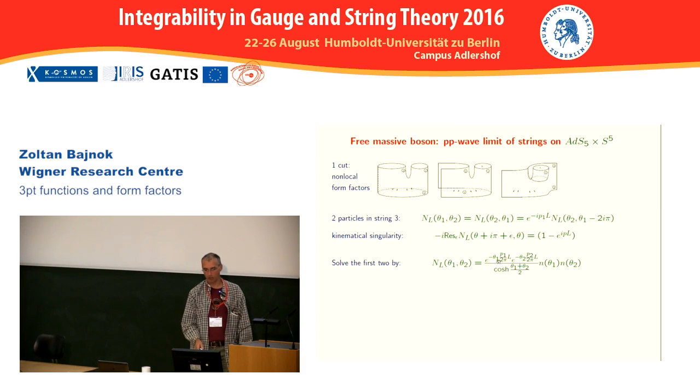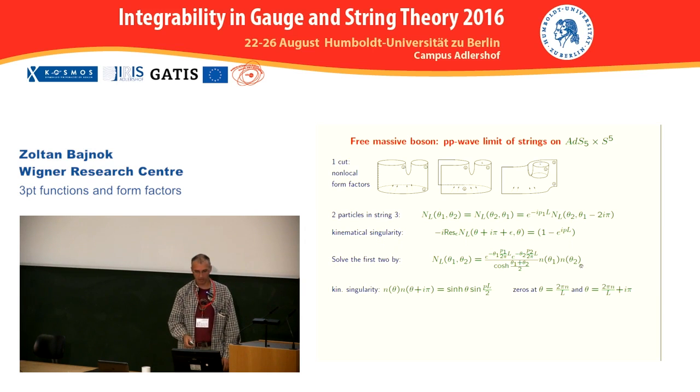So whenever you shift theta 1 by 2i pi, you will exactly pick up this phase. So this is a nice solution, but still you have to satisfy this kinematical singularity. So you put a symmetric factor like some function of theta 1 and theta 2, the same function, and then you will see what the kinematical singularity equation will tell you about this product. And you got this functional relation.